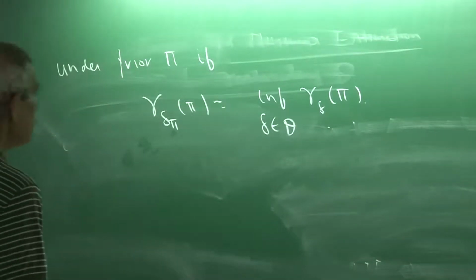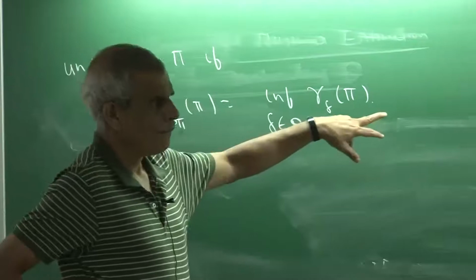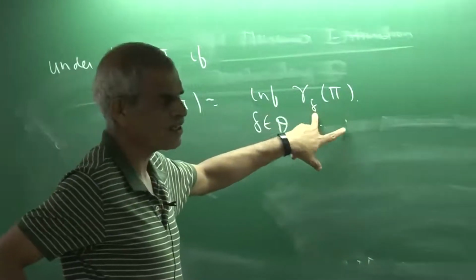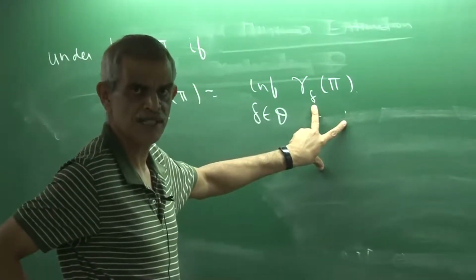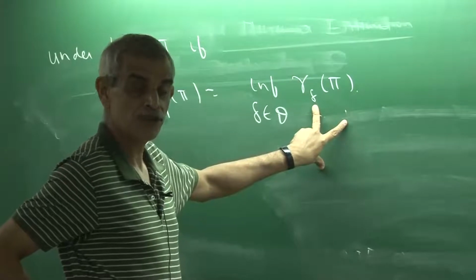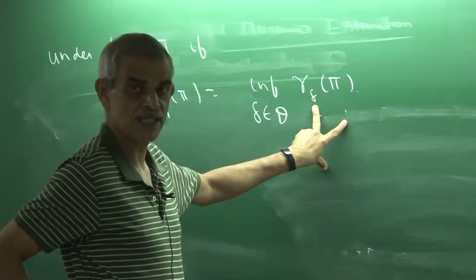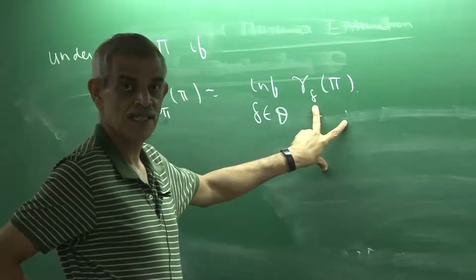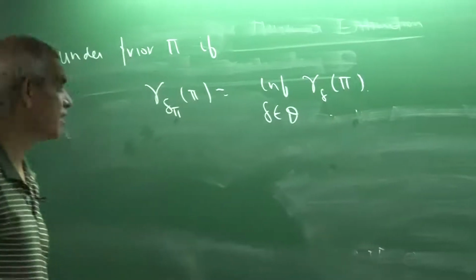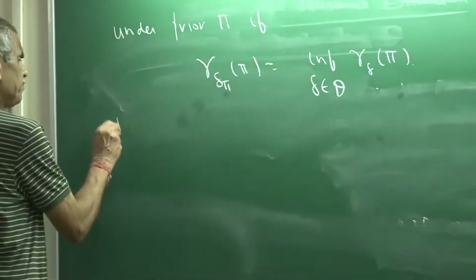So another characteristic of the risk function which is independent of theta is you try to look at the supremum of the risk function and try to look at an estimator which minimizes the maximum risk. And you call such an estimator the minimax estimator.